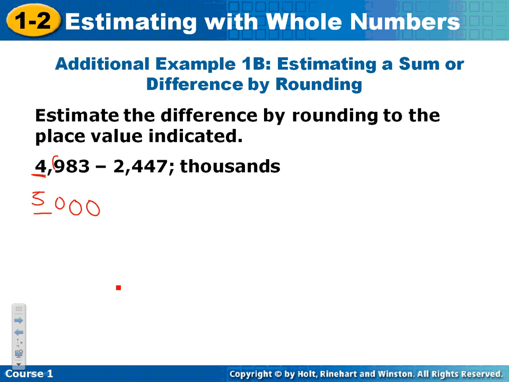That's correct. This number is above a 5. All right. What else we got? That's the thousands place. We got to look at this number. What does this one become? It stays the same. So this is going to be a 2,000. What's my answer? All right. 3,000.